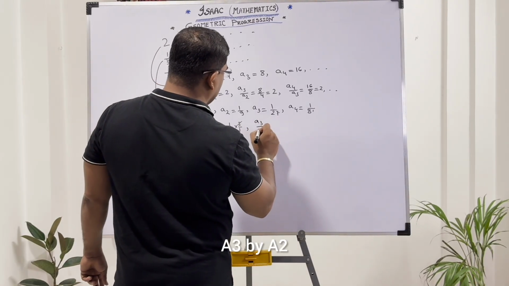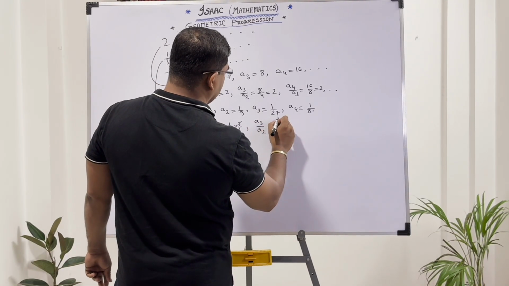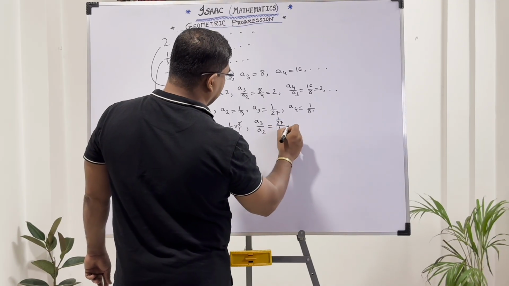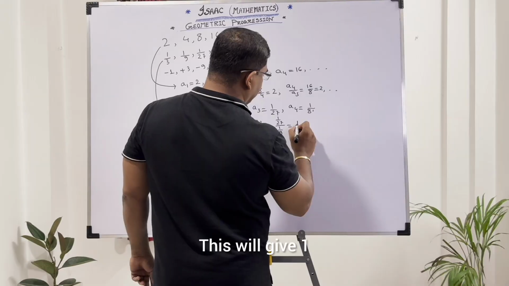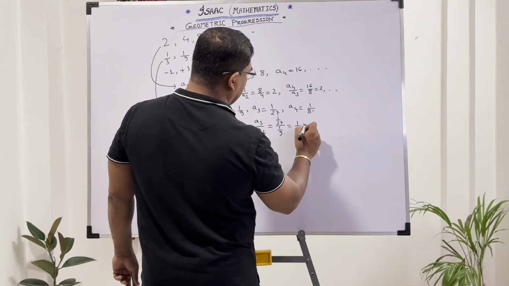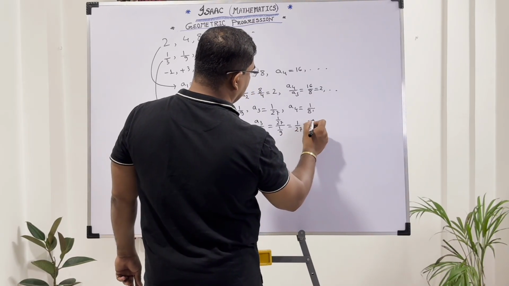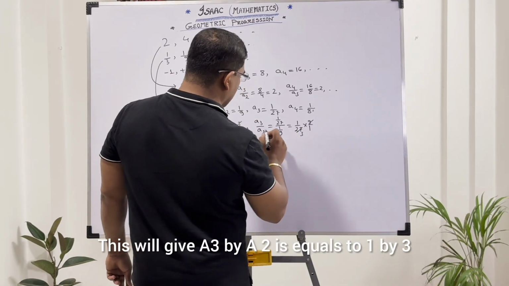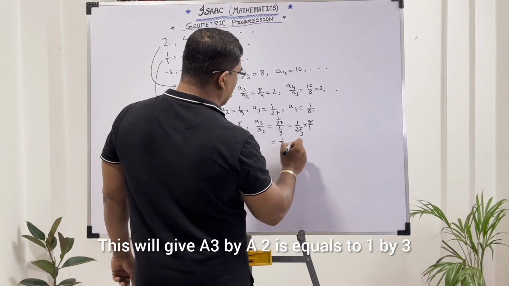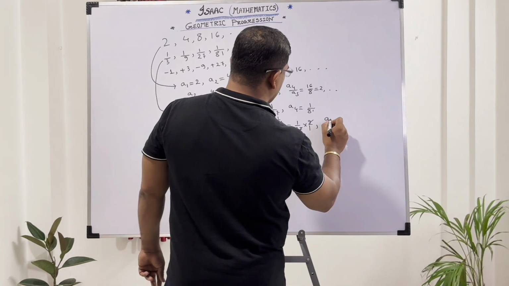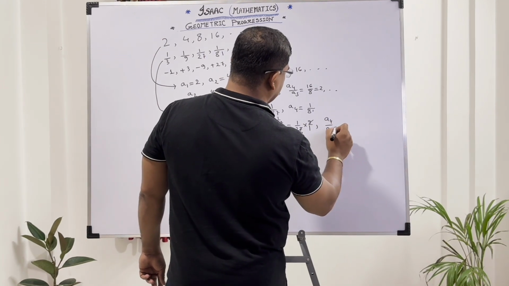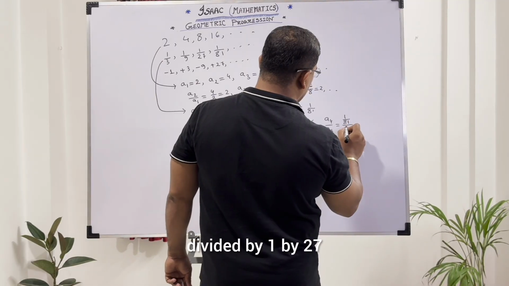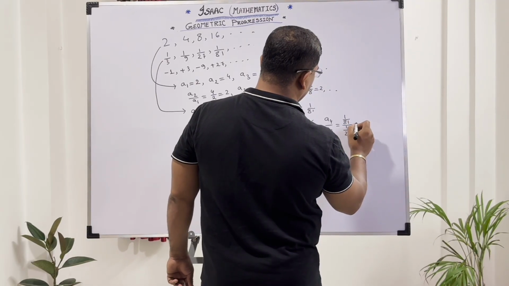A3 by A2 is equal to 1 by 27 divided by 1 by 9. This will give 1 by 27 into 9 by 1. This will give A3 by A2 is equal to 1 by 3. A4 by A3, that is 1 by 81 divided by 1 by 27.